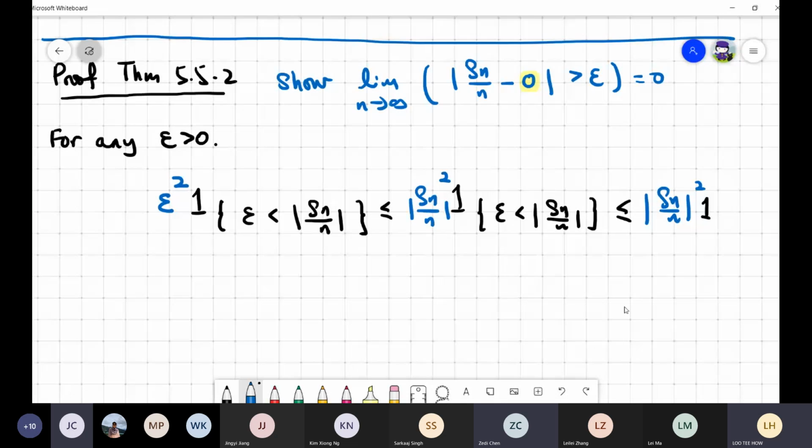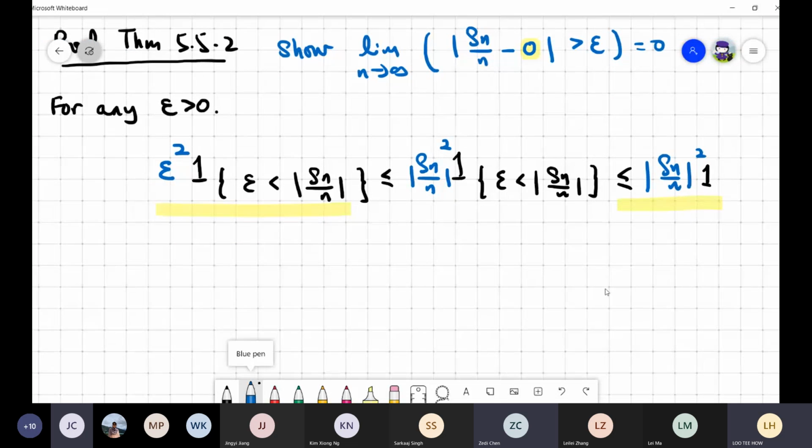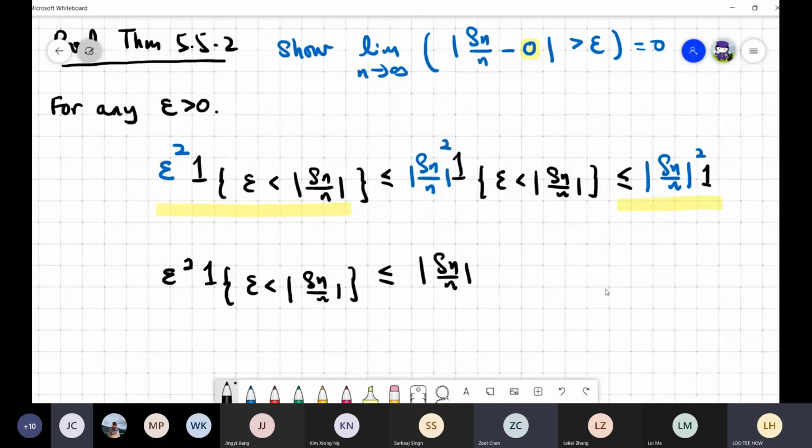Alternately, you may use the Markov inequality to do it. If we look at these two terms, just this part and this part, then we get this inequality, that epsilon squared is less than or equal to this. Then we can take E on both sides, so this will be less than this.